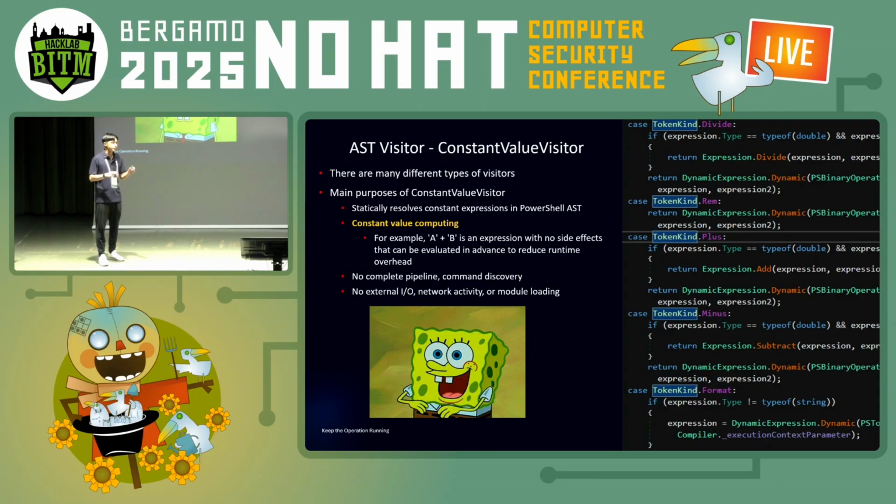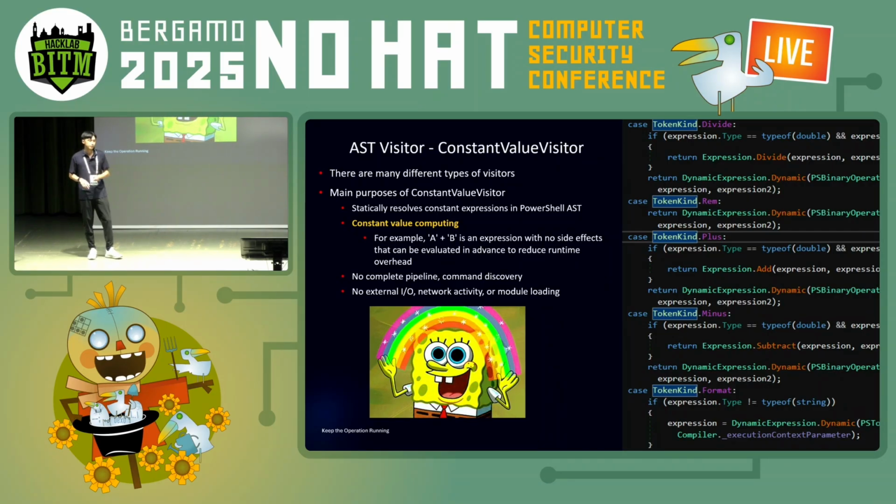So this kind of computing happens in the constant value visitor. They don't need any compute pipeline. They don't need any external I/O. They will directly resolve that in this stage.